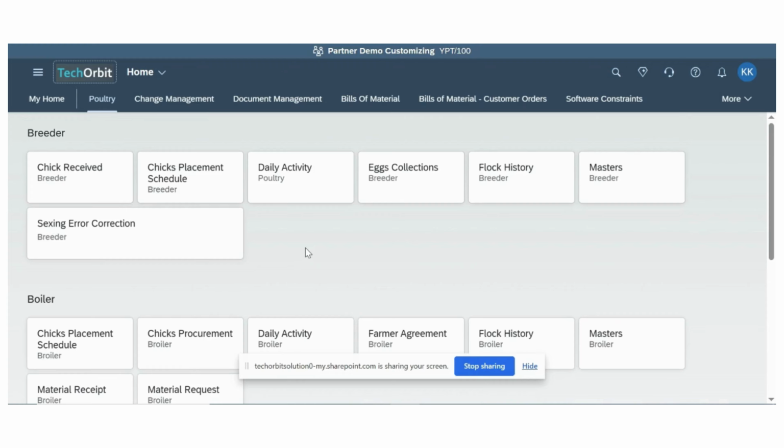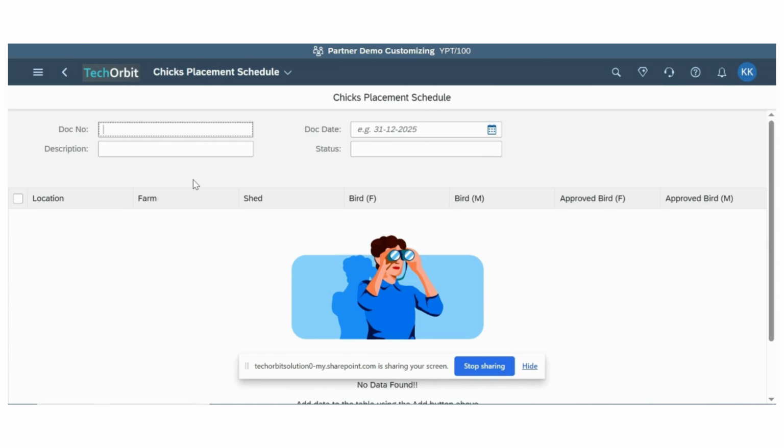First, we have chick placement schedule. The branch supervisor will generate the placement schedule for the flock considering capacity and density of the shed. Here we can see the farm, shed, and the required bird female and male quantity.